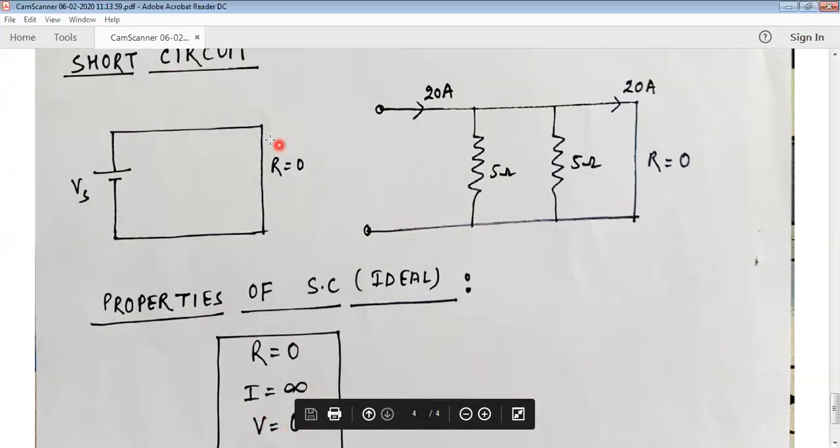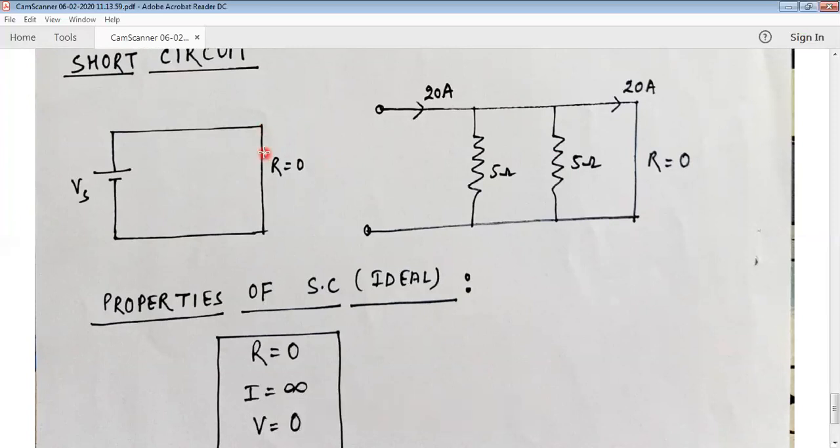How? See, at this point one potential is there, at this point one potential, at this point also one potential, and ideally all the potentials are same because it is the same ideal conductor. So all the potentials are same.